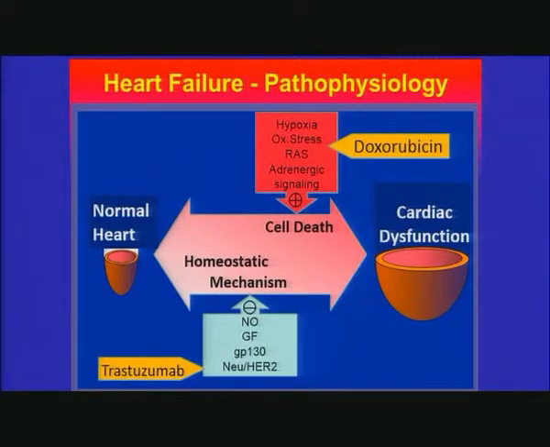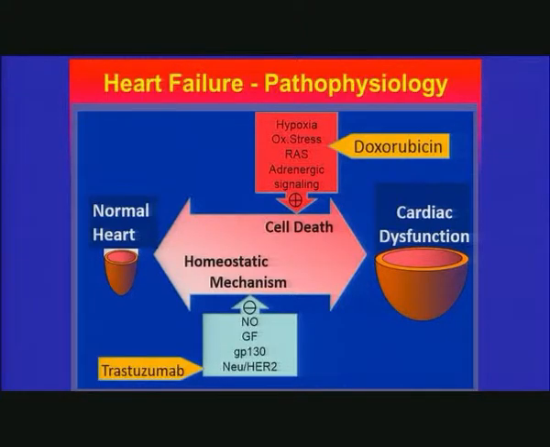So we have to consider the two pathways of the pathophysiology of the heart failure. As for adriamycin, hypoxia, oxidative stress, RAS or adrenergic signaling enhancements cause cell death. And one is early onset cardiomyopathy and late onset cardiomyopathy.